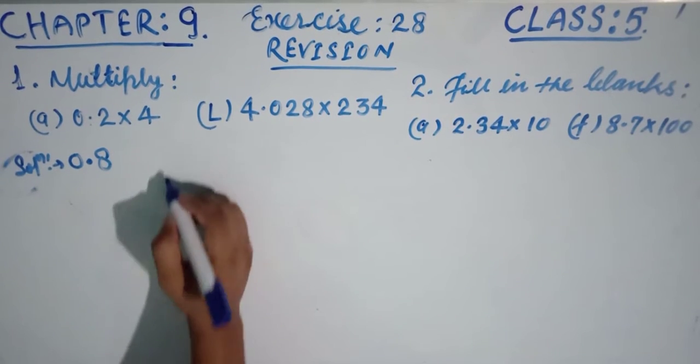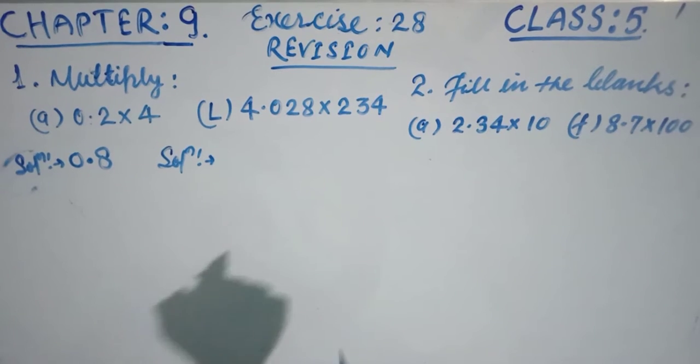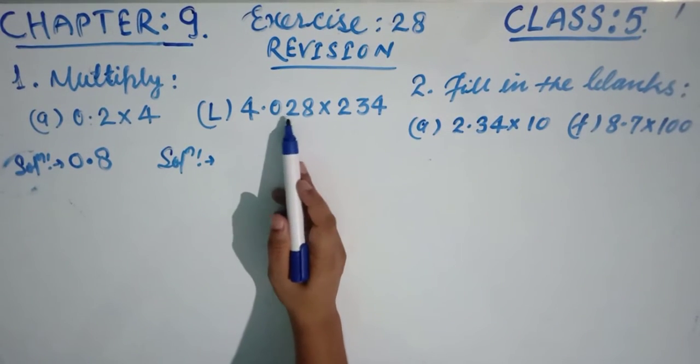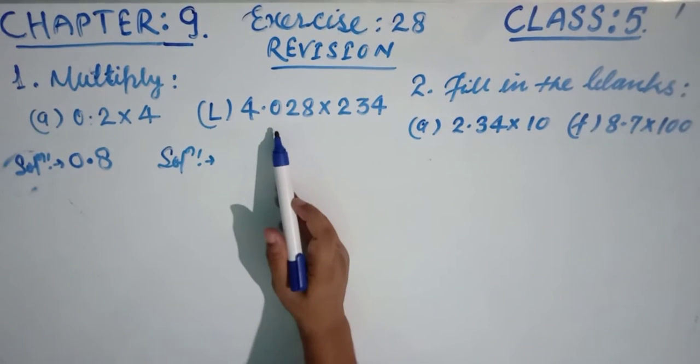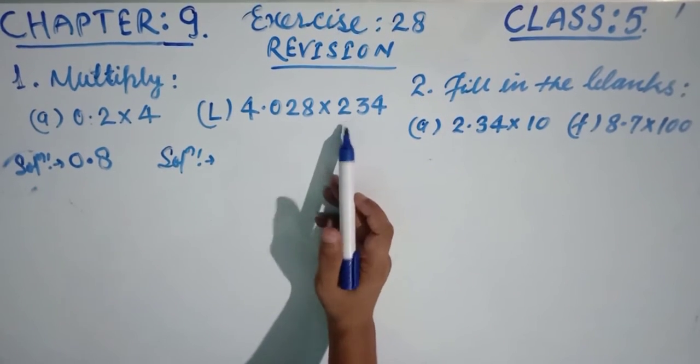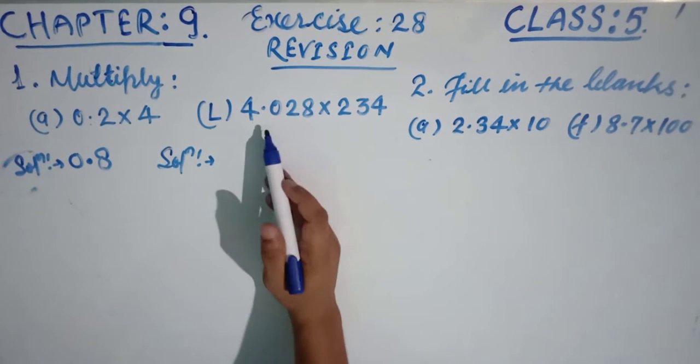Now see friends, next L. This is the huge number: 4.028 multiplied by 234. One number is a decimal and the other is a whole number or natural number, and we have to multiply these two numbers. First, we have to multiply their numerical values, avoiding the decimal.